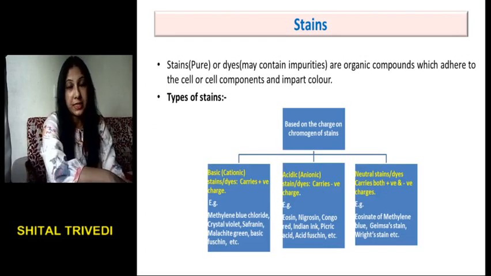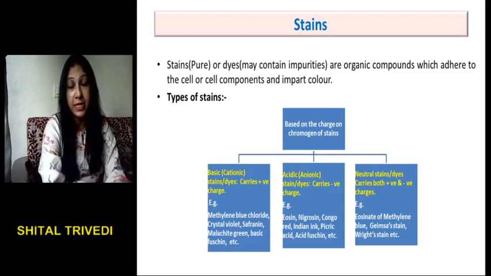We can study the distribution and chemical nature of the cellular components. Whichever the purpose of microbial staining, it depends on the type of staining reagent that we use and the type of staining technique that we implement. Stains, or sometimes dyes, are organic compounds which bind to the cell or cellular components and impart color to the microorganisms.